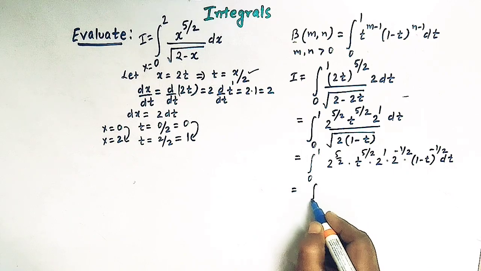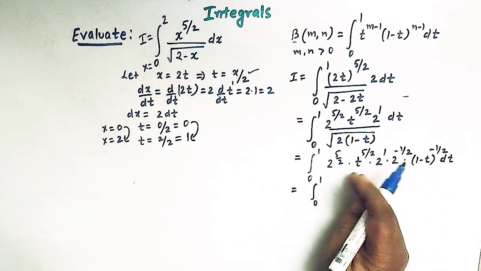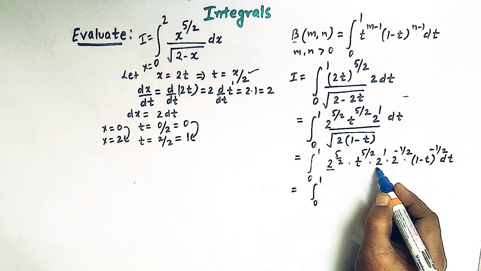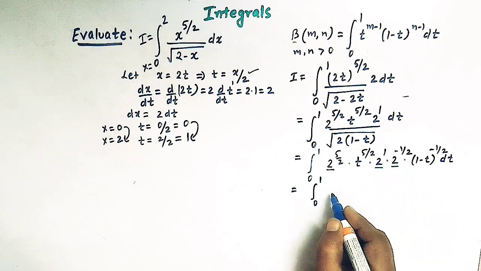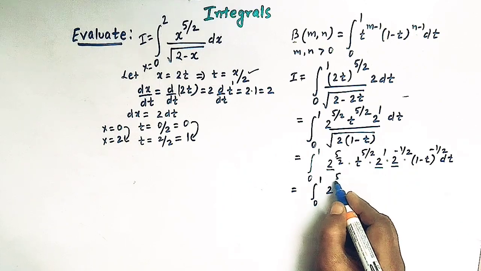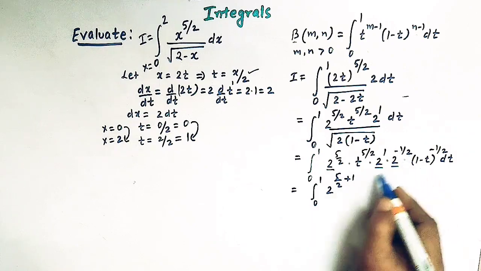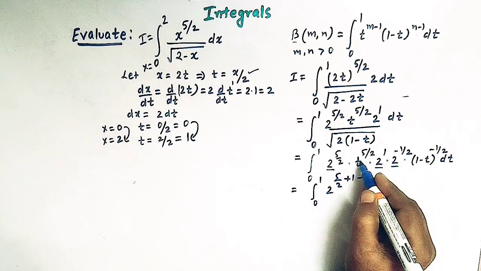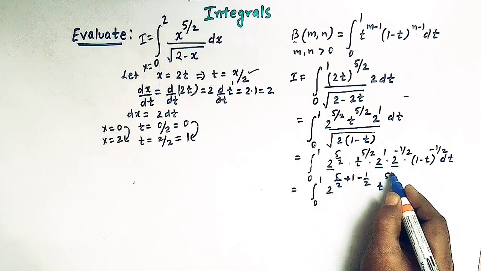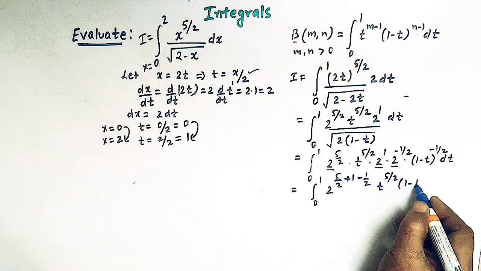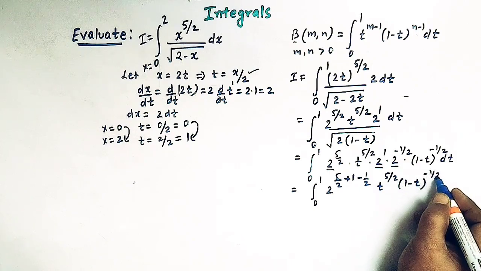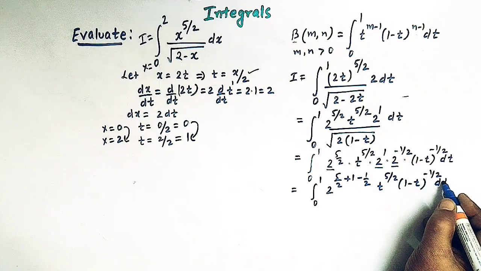So now let us further simplify it. Here we can collect all these 2's. So we have 2 raised to 5 over 2, then plus 1, and then minus half, and here we have t raised to 5 over 2 and 1 minus t raised to minus half, and here we have dt.